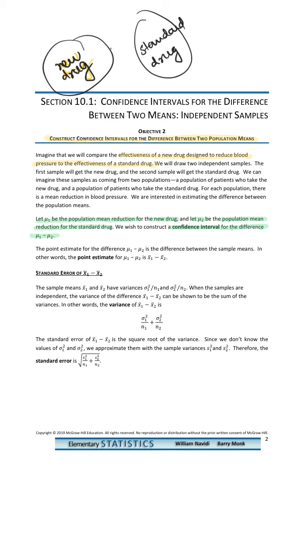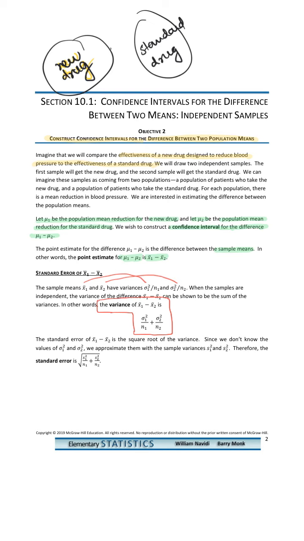The point estimate for the difference between the population means is the difference between the sample means. That means mu1 minus mu2 is estimated by x1 bar minus x2 bar. The corresponding sample variance is given, and the variance of the difference between the sample means will be the sum of the variances.